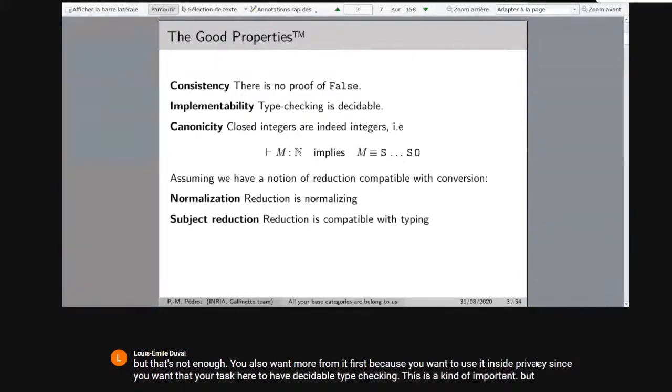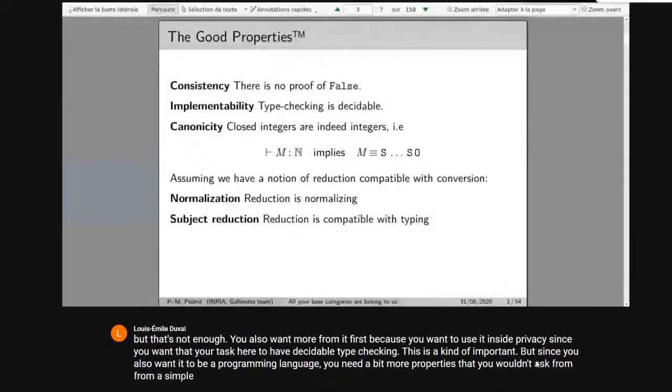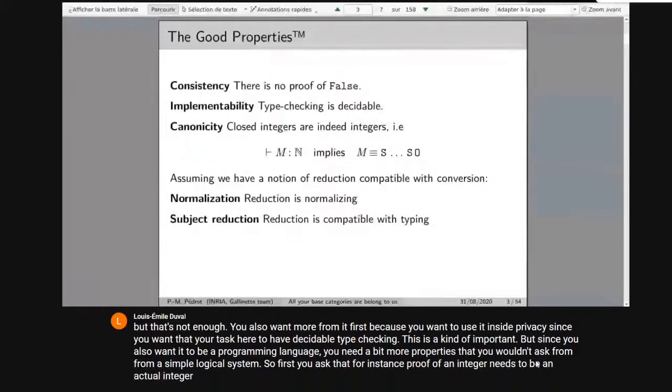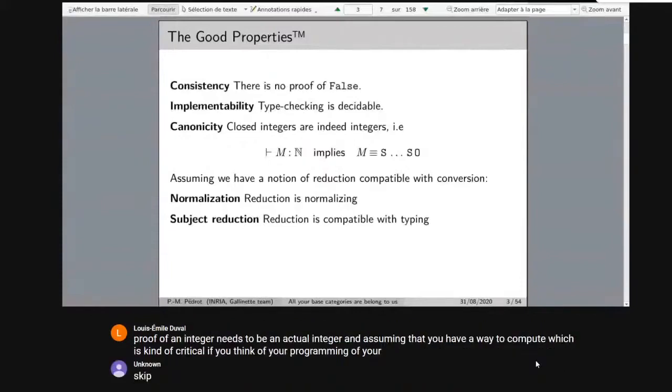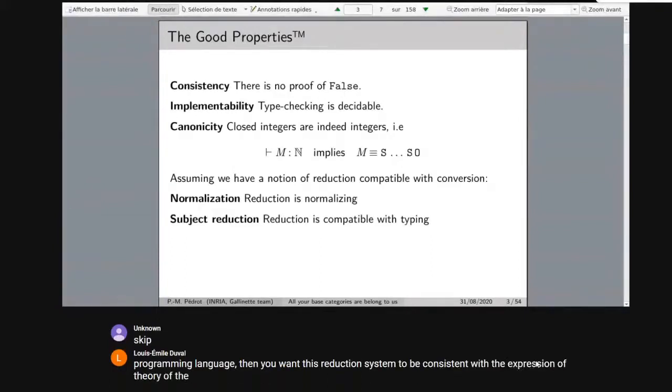But since you also want it to be a programming language, you need a bit more properties that you wouldn't ask from a simple logical system. First, you ask that, for instance, a proof of an integer needs to be an actual integer. And assuming that you have a way to compute, which is critical if you think of your type theory as a programming language, then you want this reduction system to be consistent with the equational theory of the type theory.